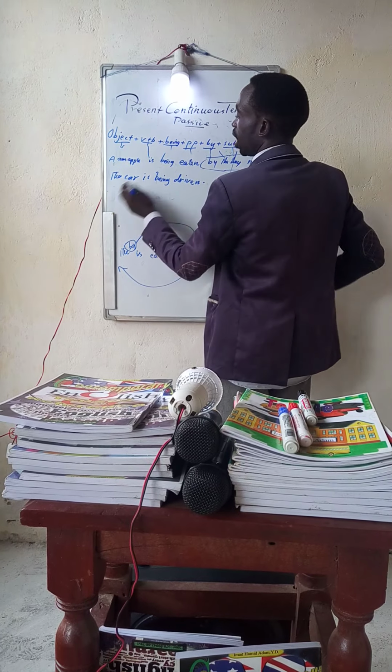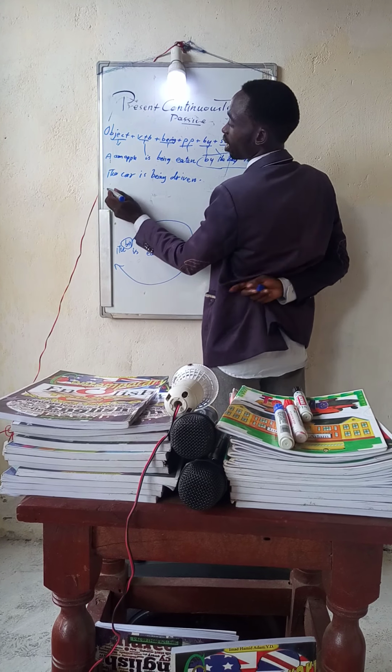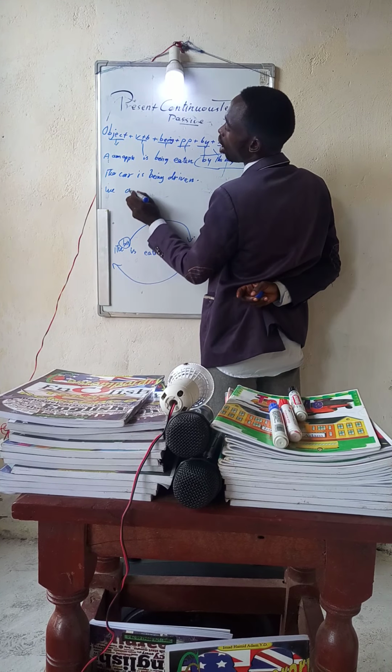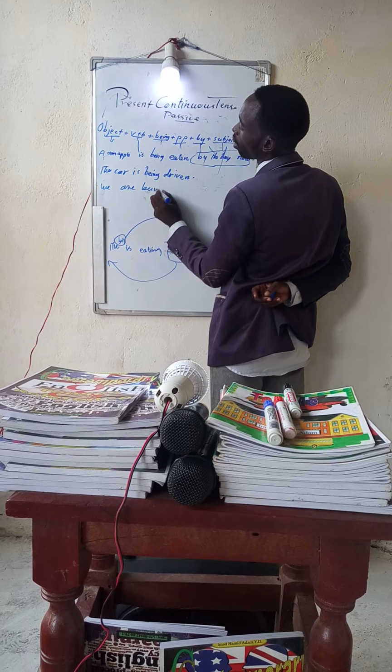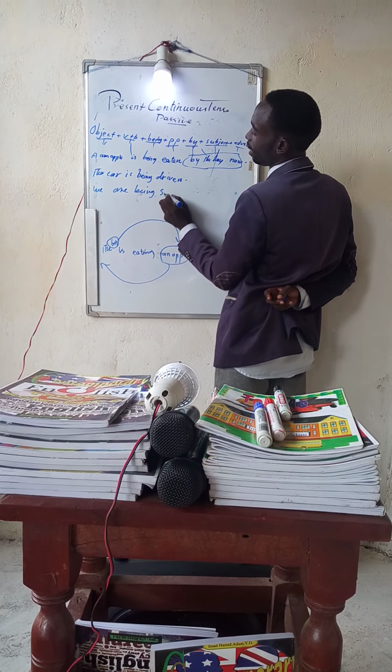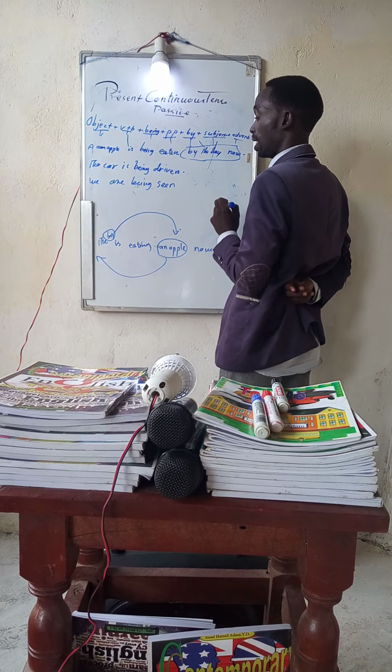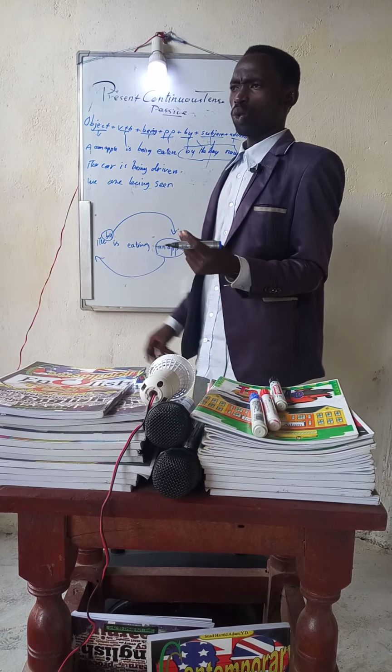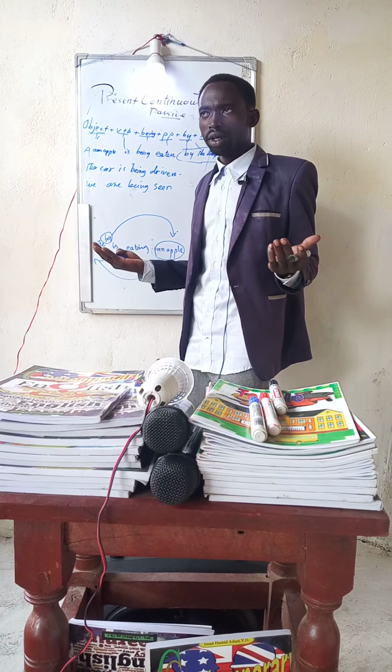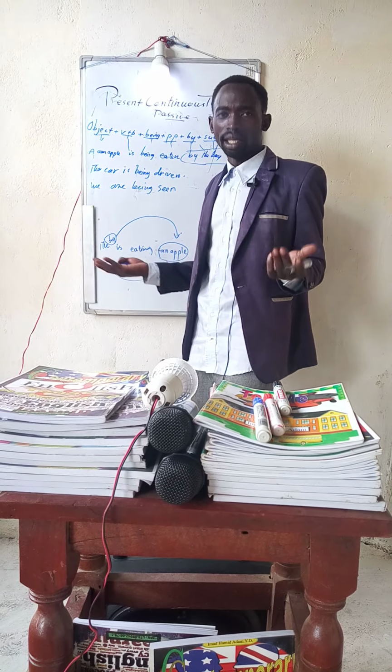And then let's go on. We can say that we are being seen. Someone said, we are being seen. It means some people are seeing us, some people are looking at us. But I don't want to mention the people who are seeing us.